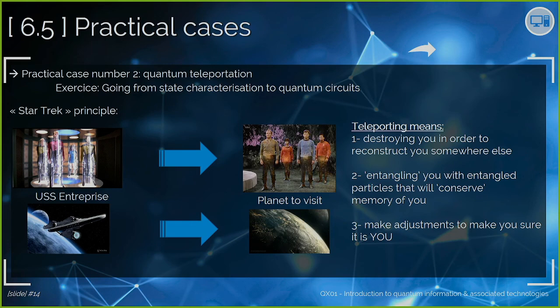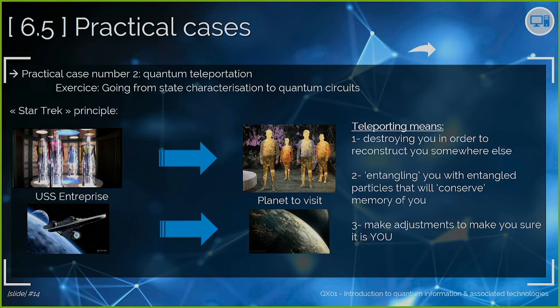When we reconstruct you on the planet, we need to make some adjustments on the entangling part in order to make sure that it is you, and that we haven't got rid of you somewhere and teleported, in fact, someone else. Okay? So those are the three ingredients.